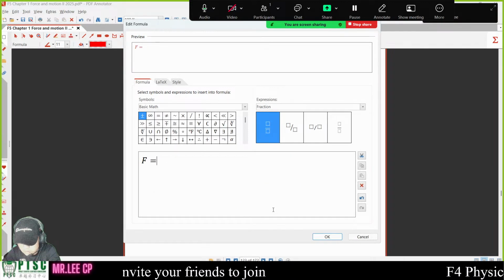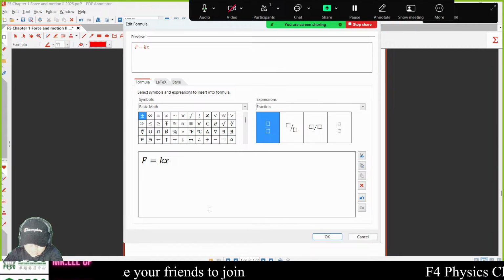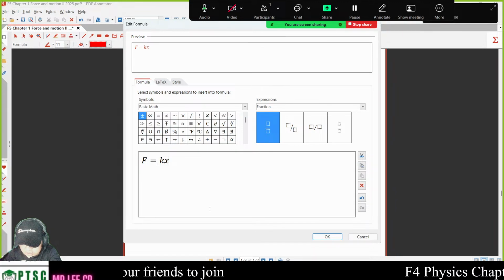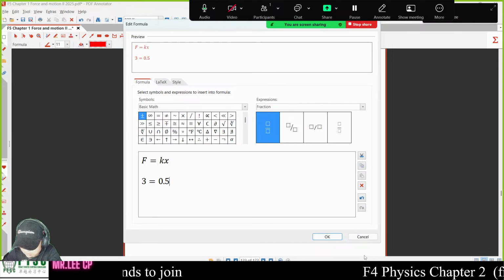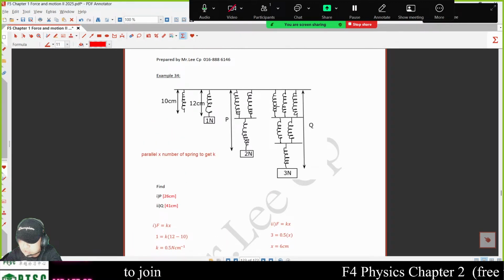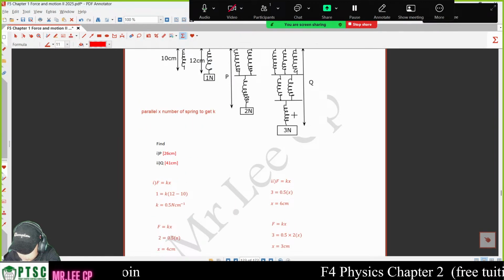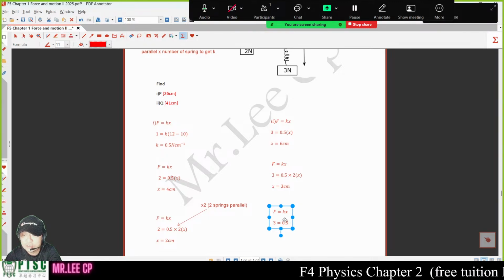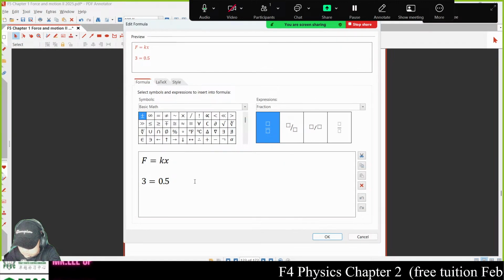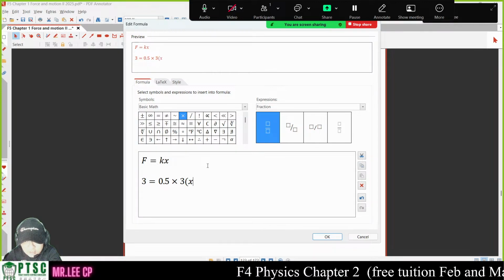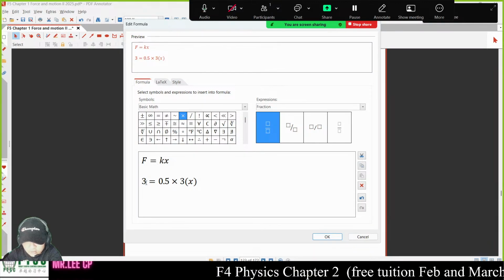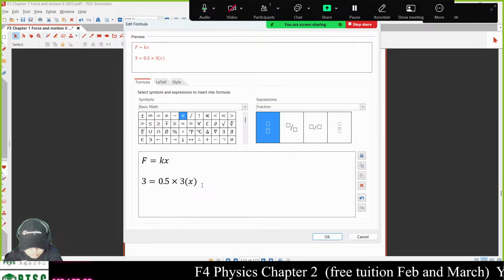So F is Kx again. Now 3 springs arranged in parallel, right? K is 0.5, but now how many springs are arranged together? 1, 2, 3 springs together. So 3 springs, you need to times 3. Alright, so find the X. 3 divided by 3 it is 1. 1 divided by 0.5 it is 2.